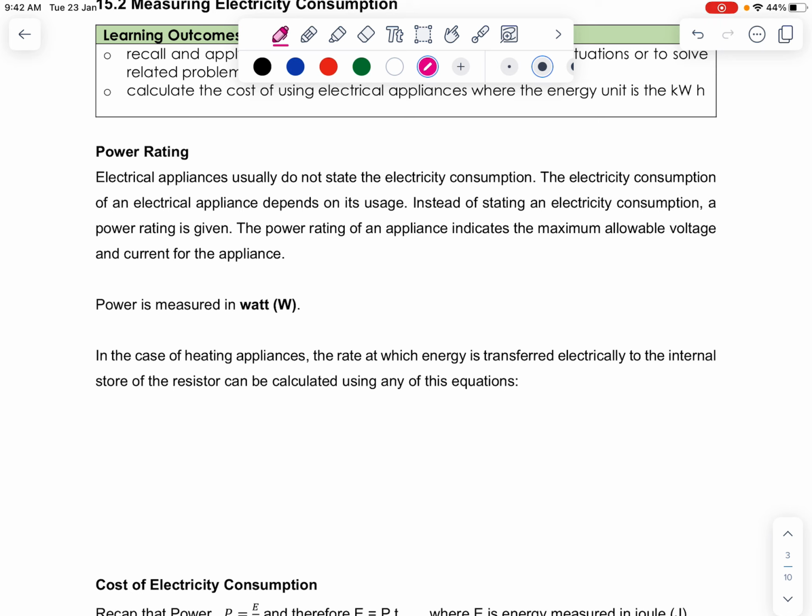Okay, let's look at a new formula that we have to learn for this chapter. So P, power, is equal to VI. The unit for voltage is capital V, volt, and for current, ampere. But for power it is watt, capital W. So let's leverage on a previous equation that we have learned.